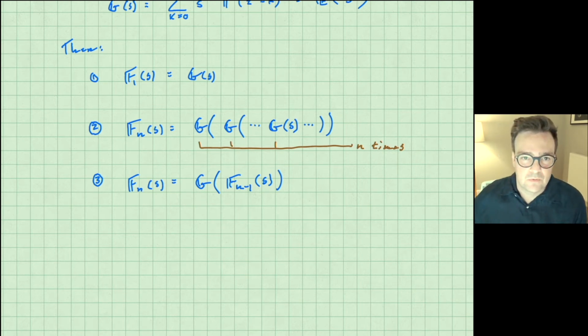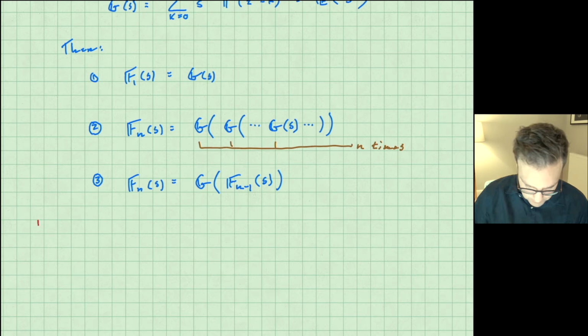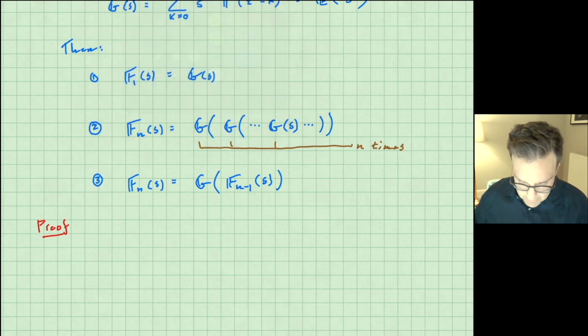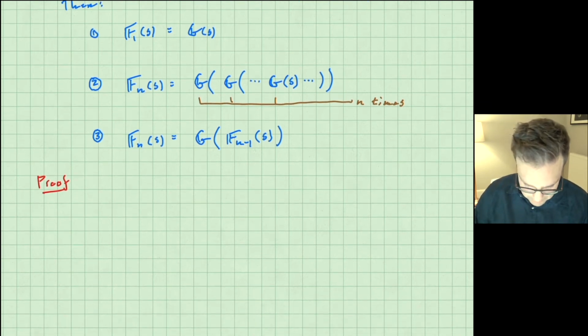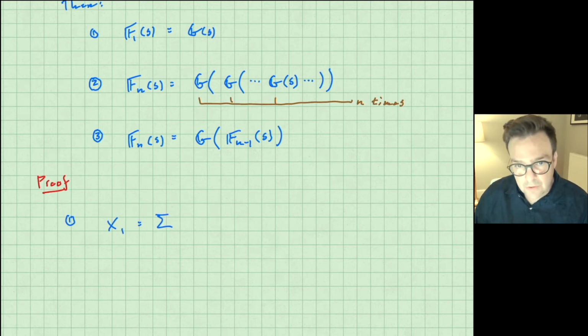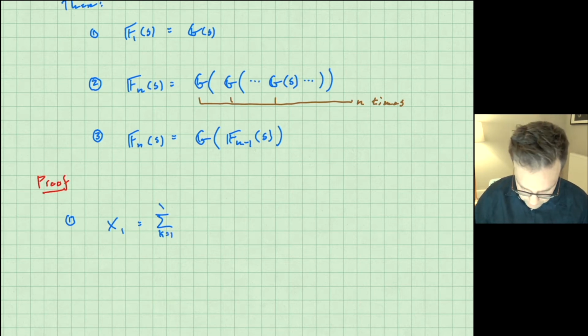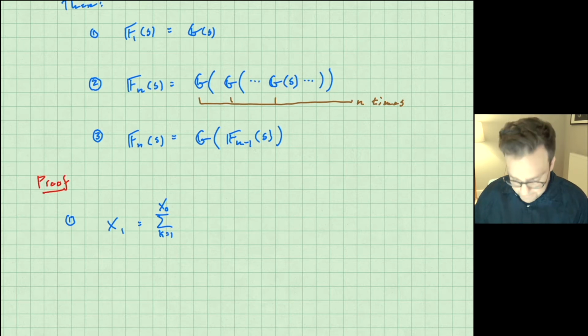Now we'll go ahead and work through the proof, in order of the parts of the proposition. The first part says that the PGF for X1 is the same as the PGF for Z, and that's relatively trivial. For part 1, if we just write out what X1 is, it's the sum over the index k starting at 1 and going up to X0 of Z sub k at generation 0.